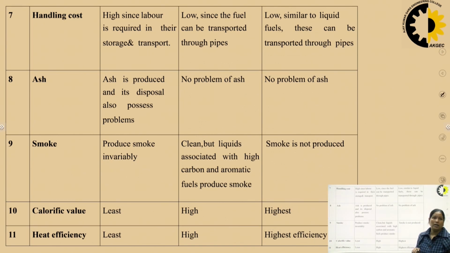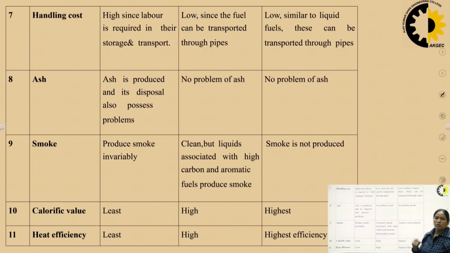Next one is handling cost. As solid fuels are heavy, we need to pay some handling cost for transportation. Labor is required because the fuel is so heavy. In case of liquid fuel, the transportation cost is somewhat lower, because it can flow through pipes.